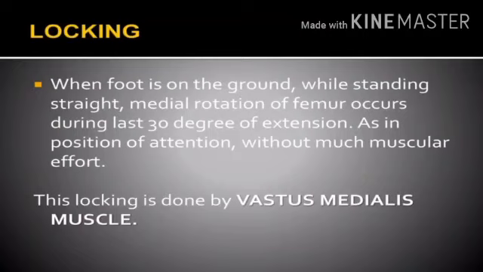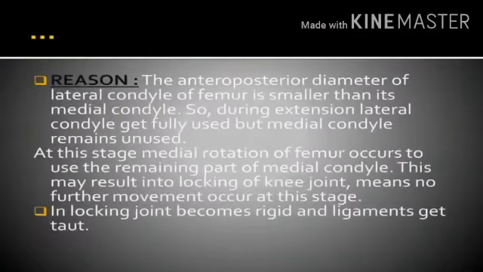In layman's language, locking basically means extension of the knee. Extension is done by the quadriceps femoris muscle, but in locking, medial rotation of the femur occurs, so it is done mainly by the vastus medialis muscle. The reason behind locking is that the anteroposterior diameter of the lateral condyle of the femur is smaller than that of its medial condyle.